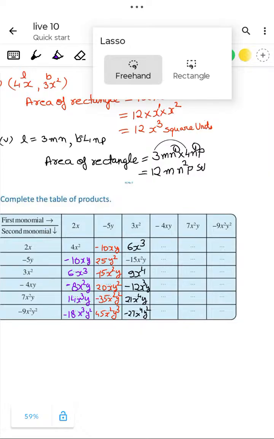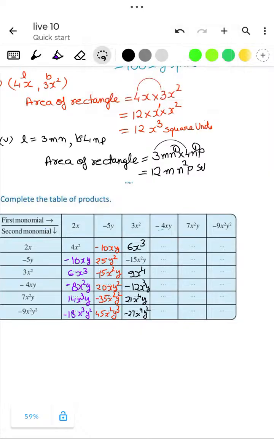Now next is negative 4xy into 2x. We have to multiply negative 4xy with 2x and write the answer over here. So negative 4xy times 2x.